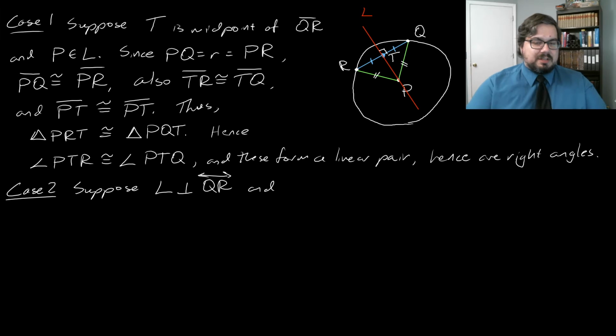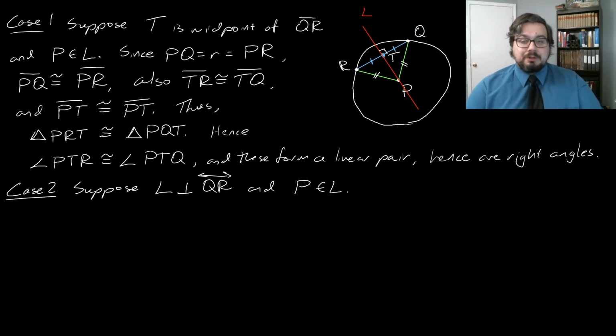Let's suppose L is perpendicular to the line QR and P belongs to L. So we've got a similar setup here. In this case, we're trying to prove that T is the midpoint of the segment QR.